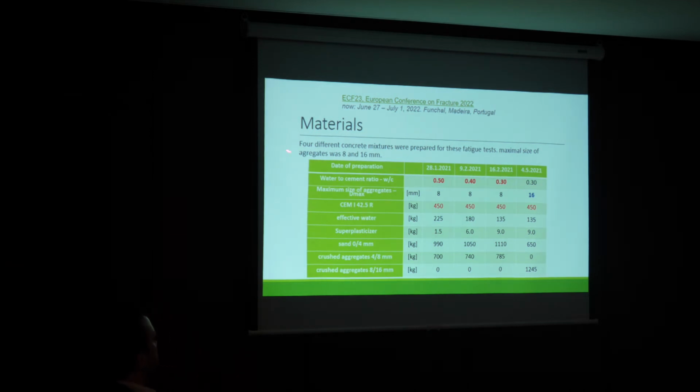These are the materials. We don't have a top secret like you, because we are a public research institution. You can see the water ratio is 0.5, 0.4, 0.3. Then you see the maximum aggregate size is 8 millimeters, and here you see the volume of this aggregate, because if we give less water, we add more aggregate.